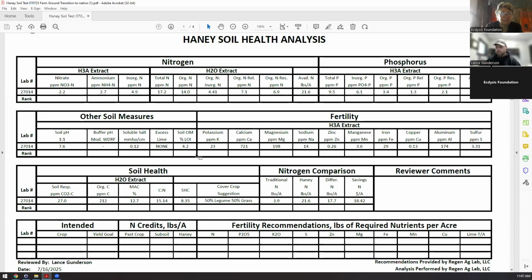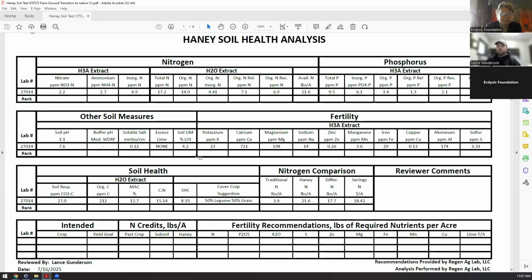On this one, we see 8.35. That number is a summary of your soil respiration. It is a summary of your organic carbon to organic nitrogen ratio and the amount of organic carbon and organic nitrogen as separate measurements. Okay.